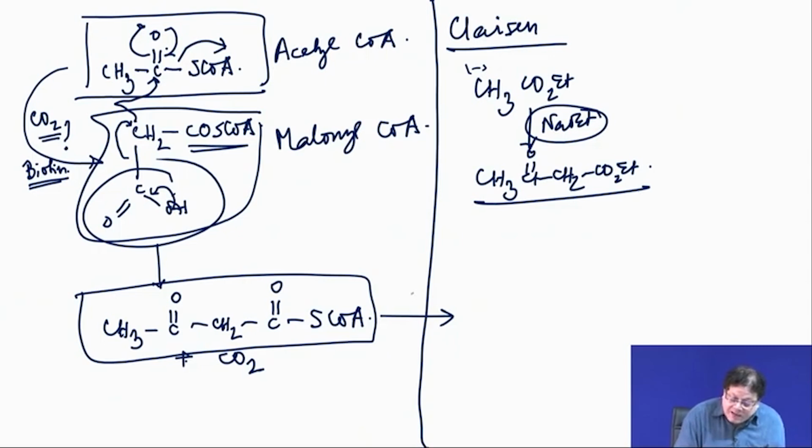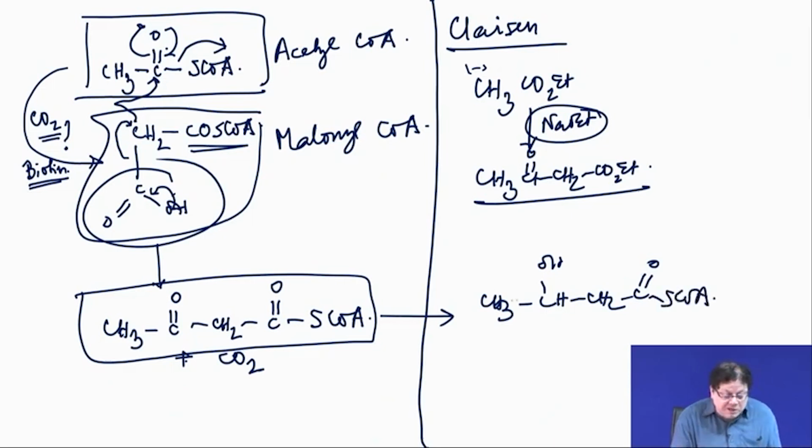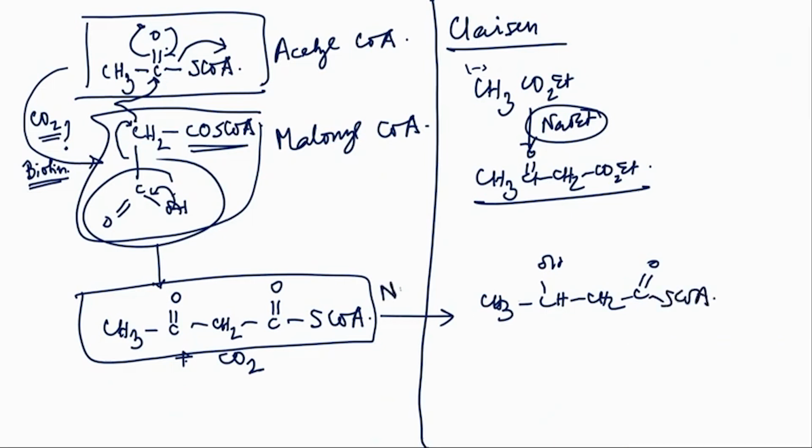Now, what happens? Usually, there is a reduction step, CH3, CHOH, CH2, CO, SCoA. This reduction is carried out by NADPH or NADH mediated reduction, as we have already learned, that reductions take place by NADH or NADPH. So, you get this alcohol, then you get a dehydration step, minus H2O.